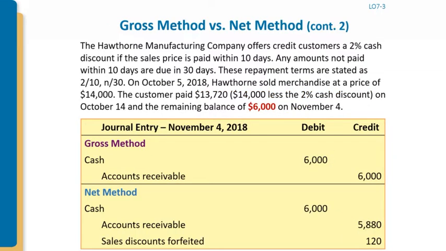But for the payment on November 4, under the gross method, we will be recording cash debit and accounts receivable credit. Under the net method, we have received the 6,000 in cash, but accounts receivable would be the net amount, meaning after subtracting a 2% discount, and the sales discount forfeited is 120.